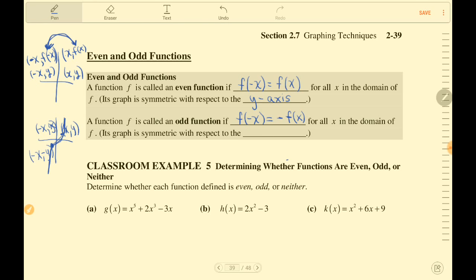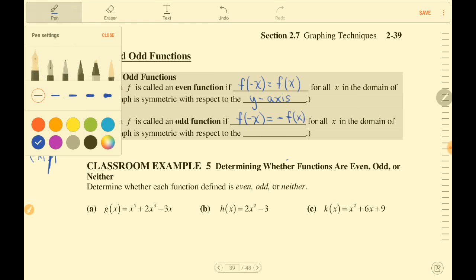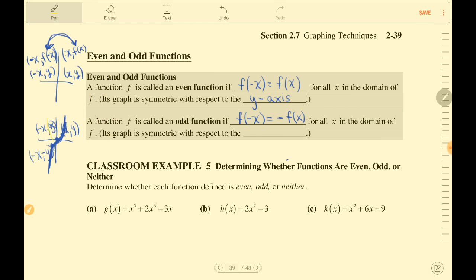A good one to look at that is symmetric to the origin is the cubing function, because if you flip it upside down, it's not going to look the same. If you just flip it across the x-axis, it won't look the same either. However, if you flip it across both axes, so you flip it here and then you flip it here, it does look the same.